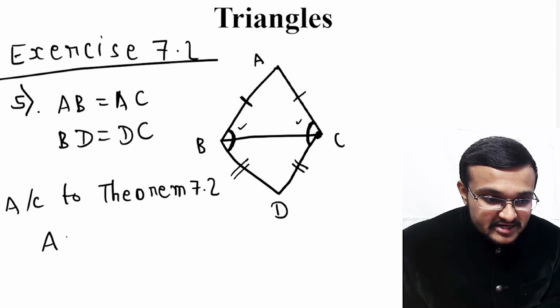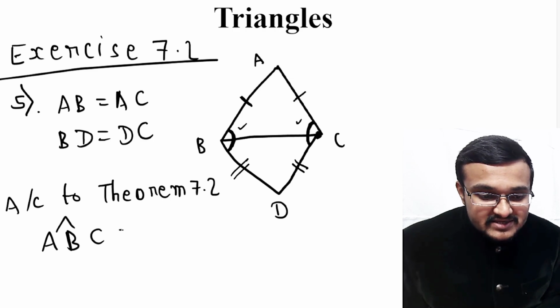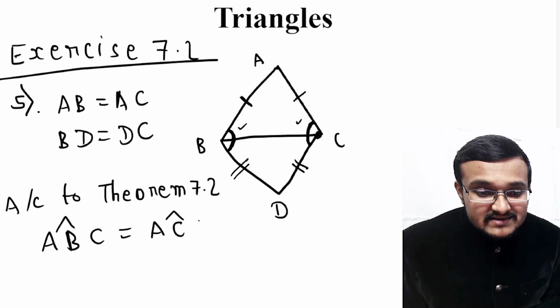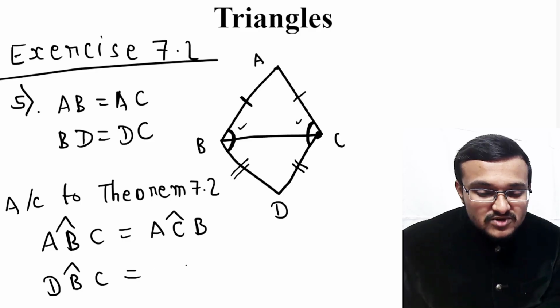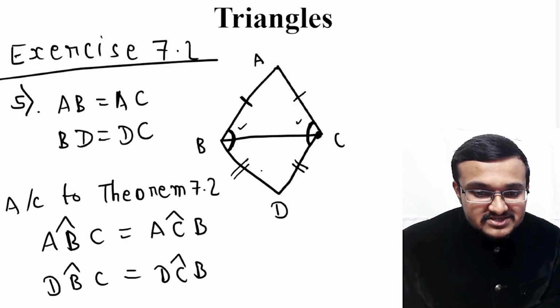According to theorem 7.2, angle ABC is equal to angle ACB and angle DBC is equal to angle DCB, because this lower triangle is also an isosceles triangle, as these two sides are equal to each other.